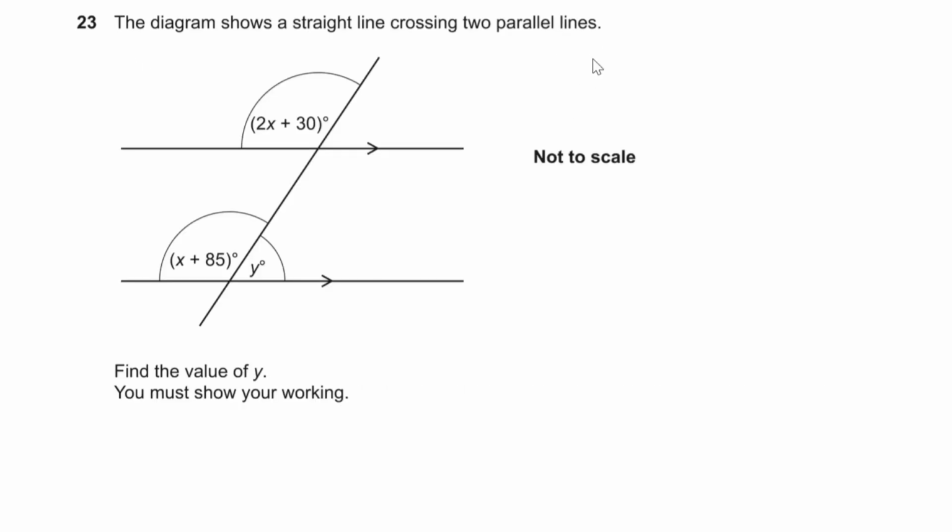Question number 23. The diagram shows a straight line crossing 2 parallel lines. We have to find the value of y showing our working. Well, if we've got 2 parallel lines, like so, and we're crossing like that, then what we've got are 2 angles which are corresponding.